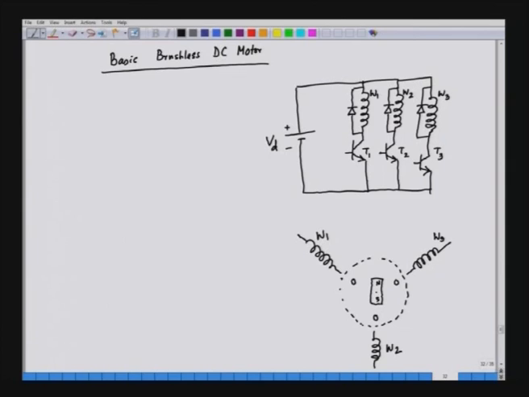So, these are basically the phototransistors PT1, PT2 and PT3, and they are arranged in the following fashion. We have an optical encoder which is realized like this.